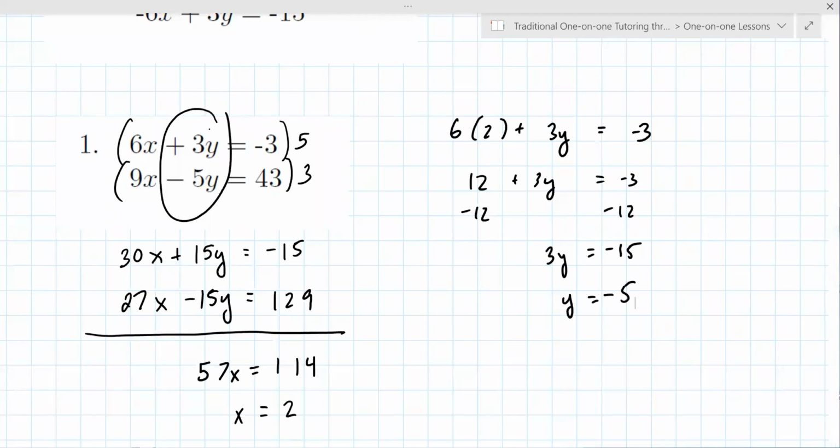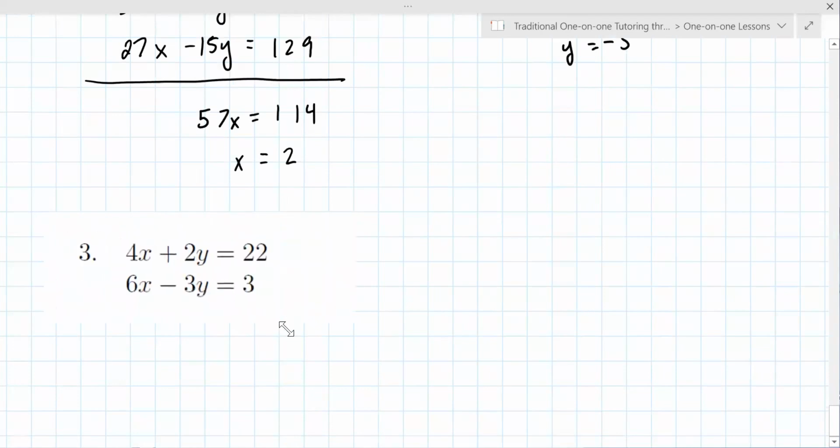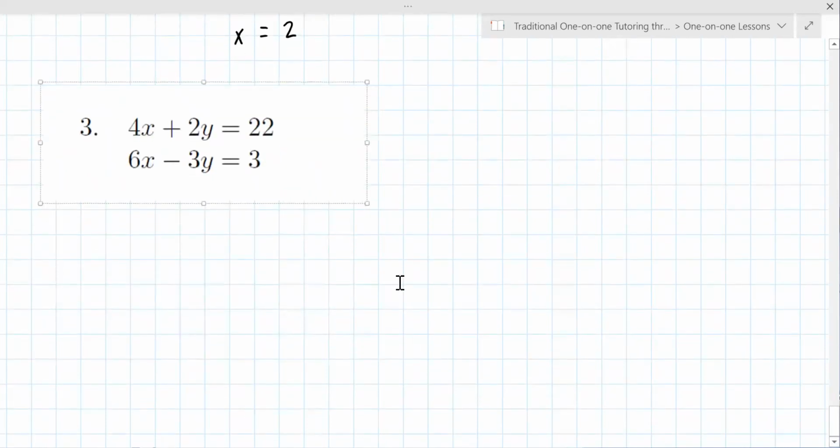Okay. All right, so let me have you try this next one and see if you can do this on your own. If you can, we kind of are done with systems because there's only so many types that you need to be able to solve. Okay. So you're going to try and eliminate y kind of the same way you did for the first one.